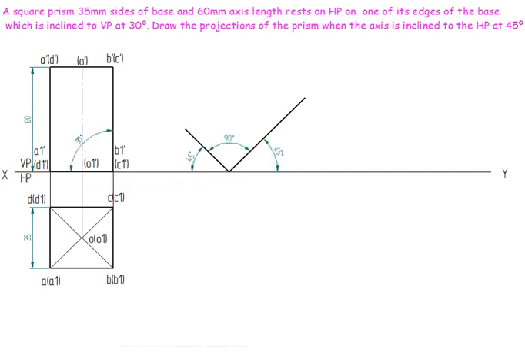Angle is 45. So I'll just draw 45 degrees line. This length should be equal to this. So I'll go for compass, cut an arc. The radius should be 35. Then I'll trim this. Now I'll keep the protractor and measure 90 degrees line.